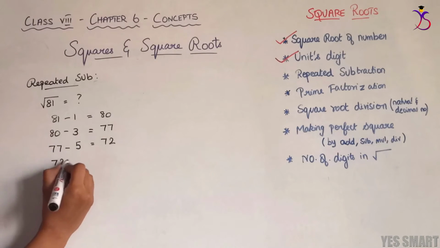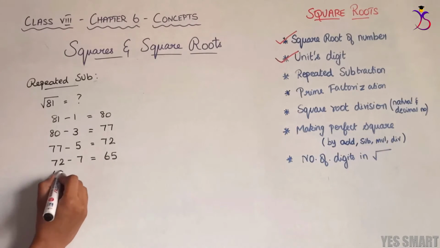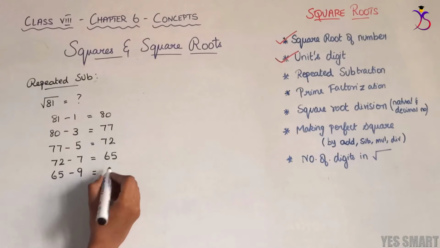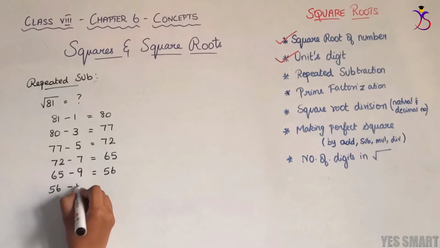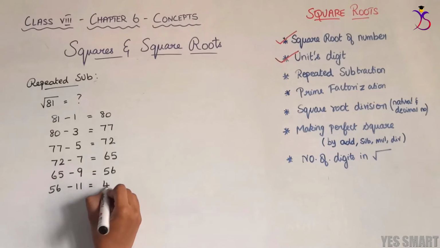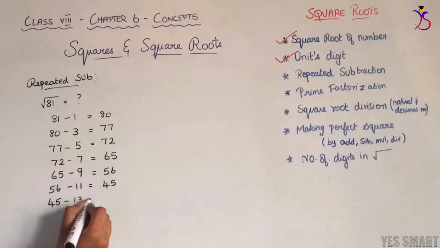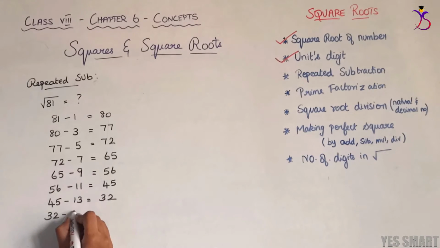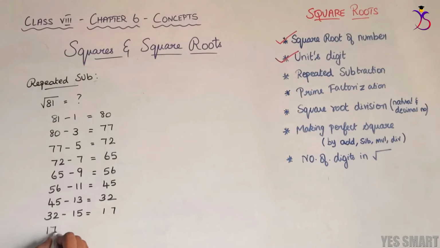Now 72 minus 7 equal to 65. 65 minus 9 equal to 56. 56 minus 11 equal to 45. 45 minus 13 equal to 32. 32 minus 15 equal to 17. 17 minus 17 equal to 0.